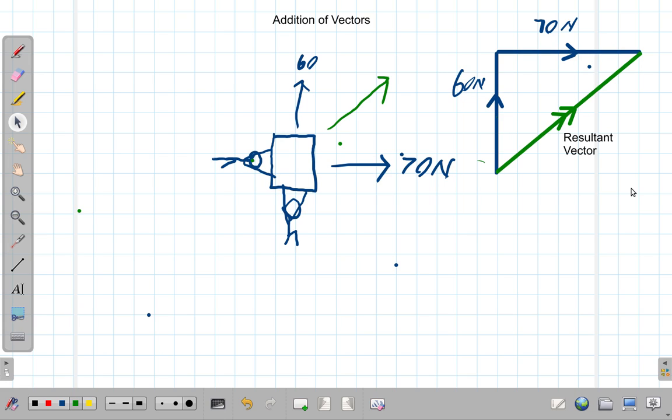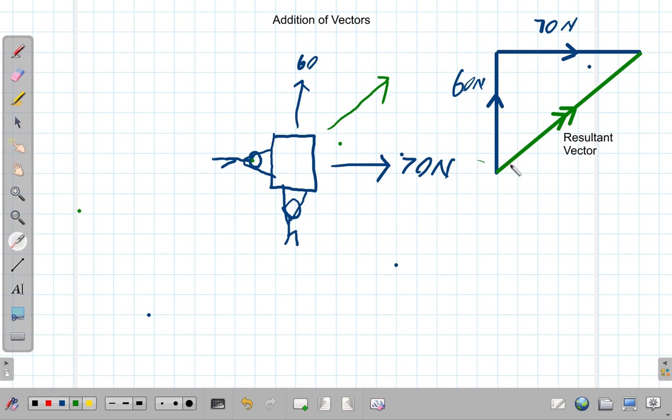Now notice here that we had these two vectors, the 60 and the 70, and then we had the third vector closing what is really a triangle. Now this comes in where we want to give a name to this method. This is called the triangle rule, or the triangle law of adding two vectors.